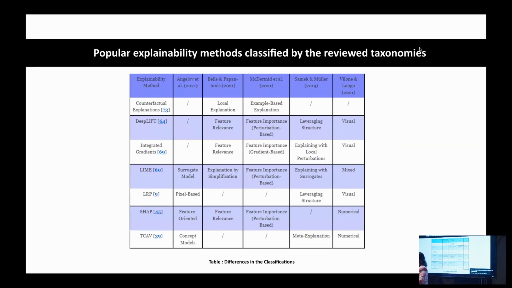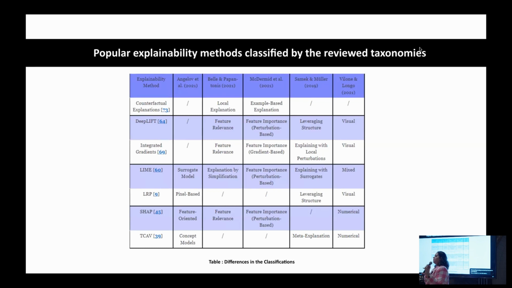Just think this is some explainable AI method. Now, after doing a literature review, some authors said that this explainability method lies under the concept of the local explanation, right? And another author said, no, for me, the counterfactual explanations lie under the concept of the example-based explanation, right?